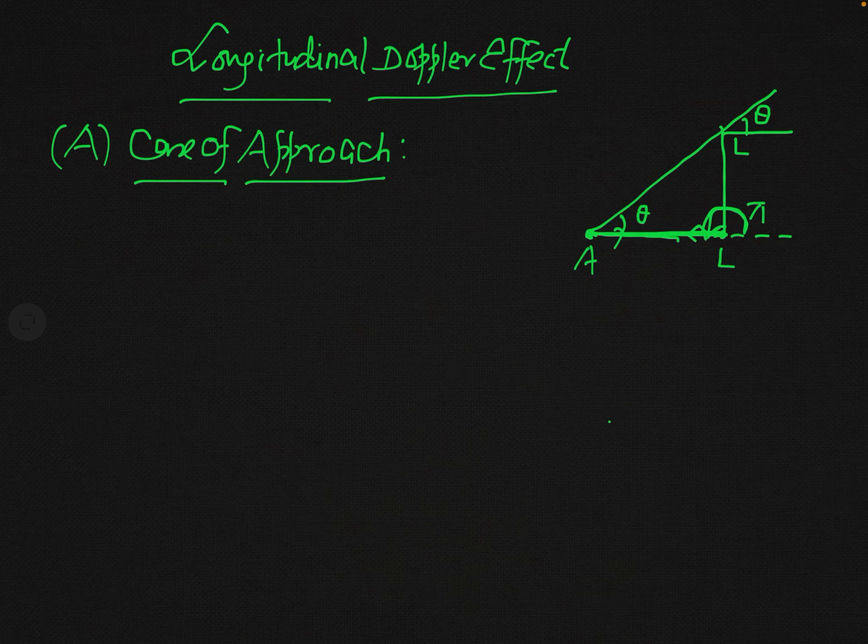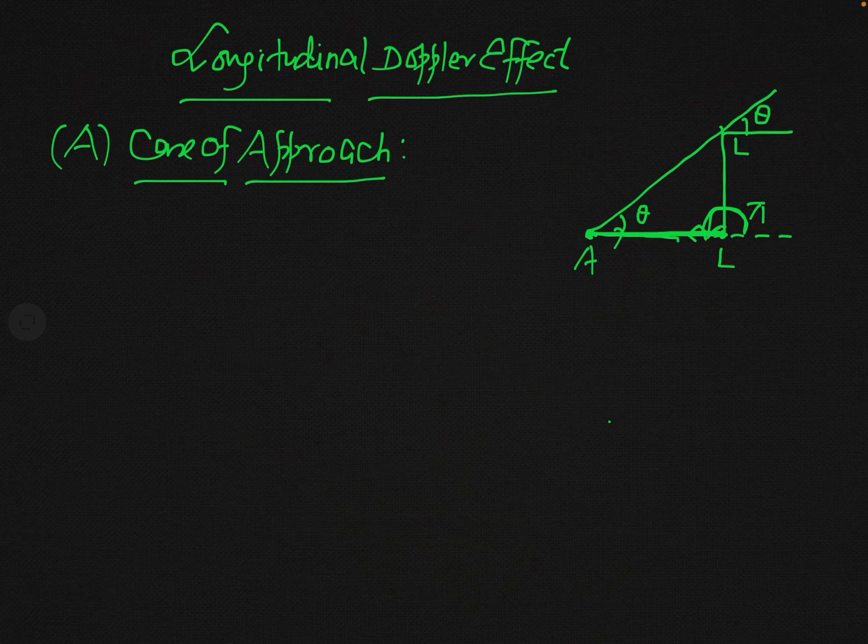So if we consider theta equal to pi, we will have the longitudinal Doppler effect, and putting this theta into the general result, we can obtain the expression for the apparent frequency and the apparent wavelength in case of approach.